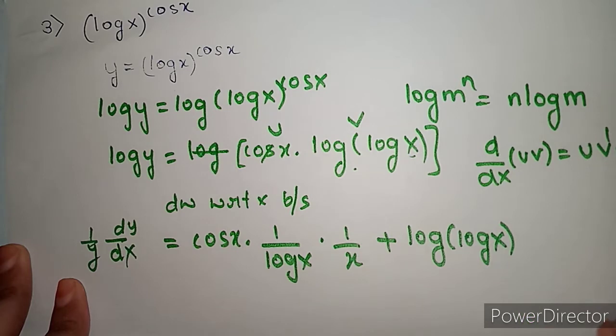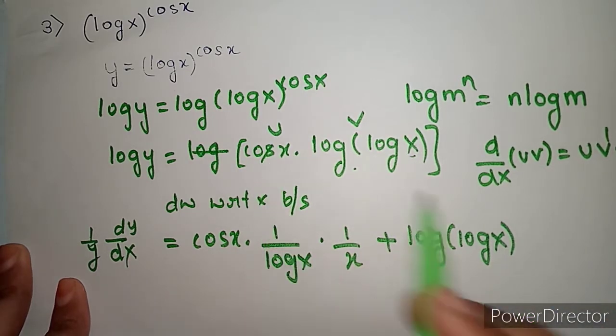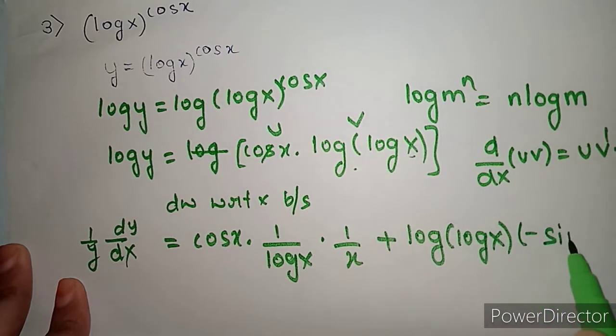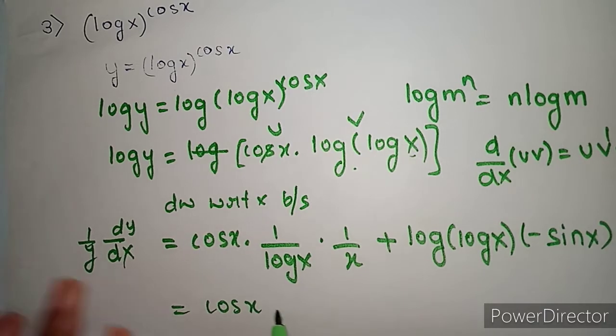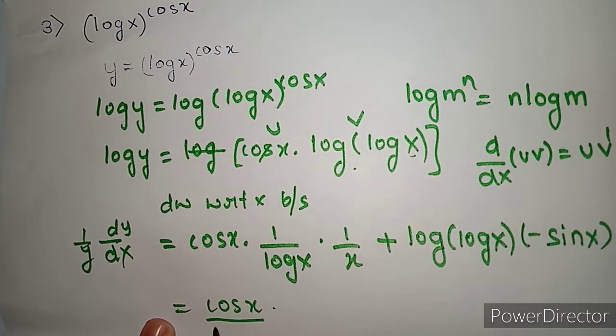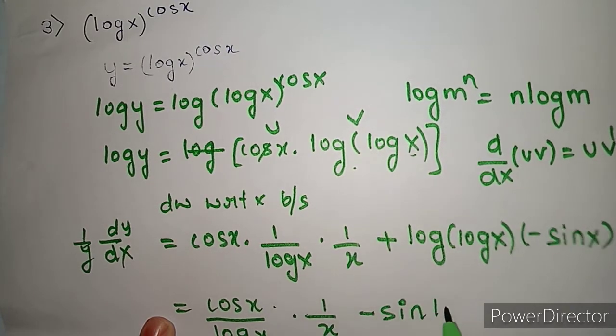Now I need to differentiate u, that is u dash. What is the differentiation of cos x? Minus sin x. So cos x over log x, 1 by x, minus sin x log of log x.